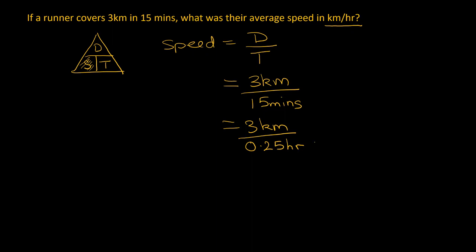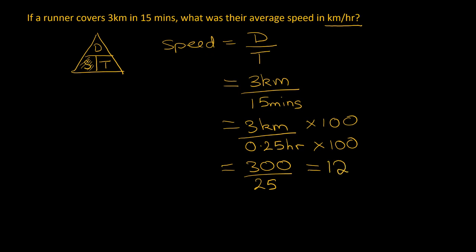So in this case, multiplying the top and the bottom by 100 will give us 300 on the top, 25 on the bottom, and 25s into 300. There's 4 in every 100, so there will be 12 in 300. So our speed is 12 kilometres per hour.